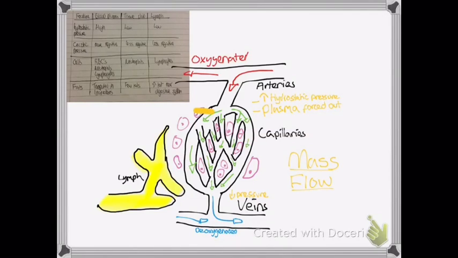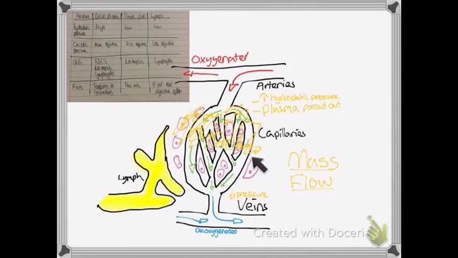Blood plasma basically leaves this capillary network and bathes these purple cells that I've drawn. Okay, so that looks like a squiggly mess, but that is representing blood plasma leaving and bathing this capillary network.